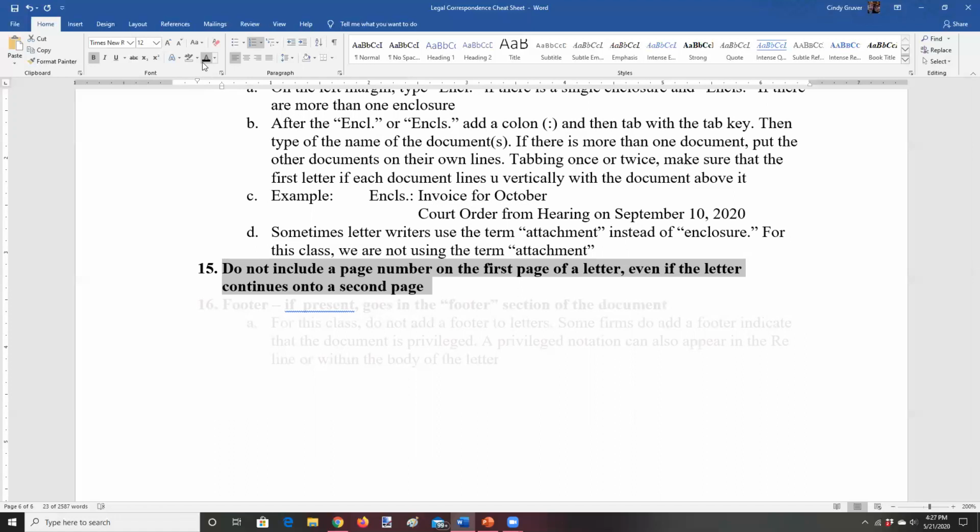I sometimes have students who combine a letter with another assignment, or in some of our later assignments we'll have multiple documents that you'll be preparing. And oftentimes the first or one of the documents is going to be a letter, and then it's going to be some court filing that you're preparing. And sometimes students choose to put them in the same file.